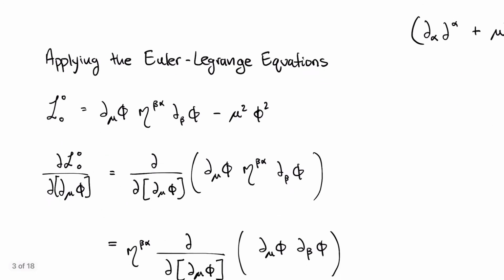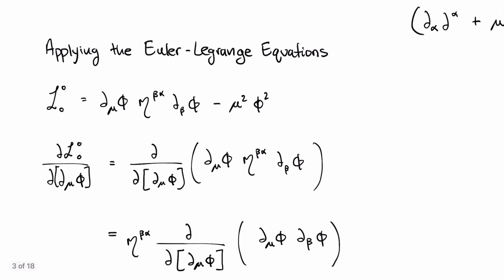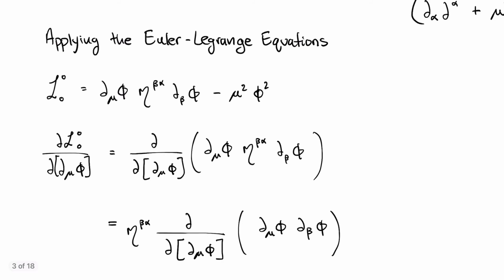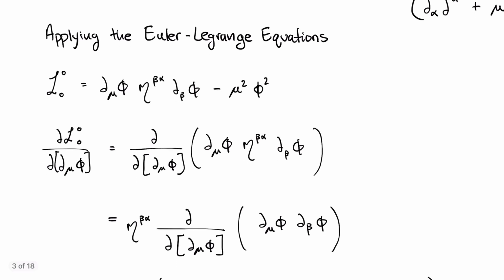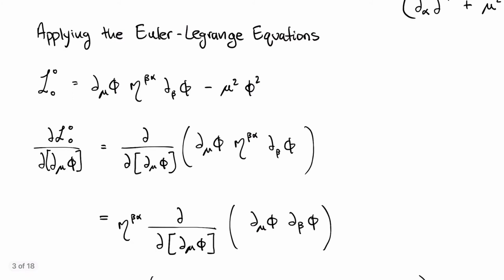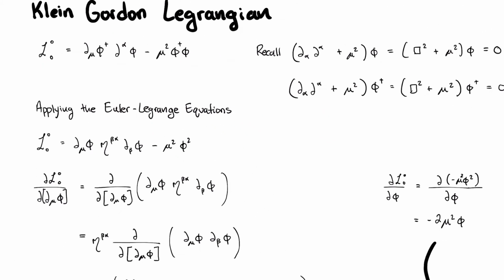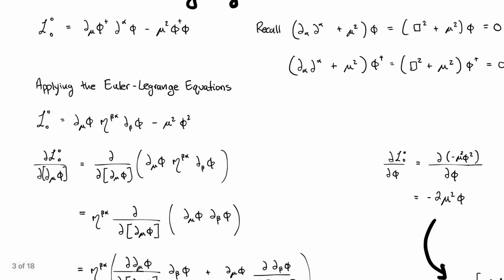Okay, so let's start applying the Euler-Lagrange equations. I actually didn't write out the Euler-Lagrange equations explicitly, but what we're going to do is apply these Euler-Lagrange equations to our Lagrangian, and we want to see if we get these guys back, and we're going to do that right now.